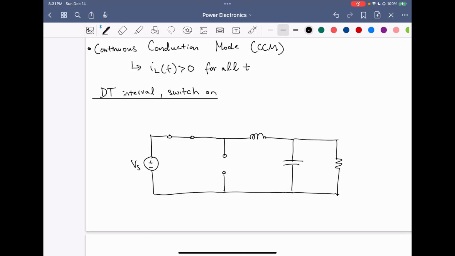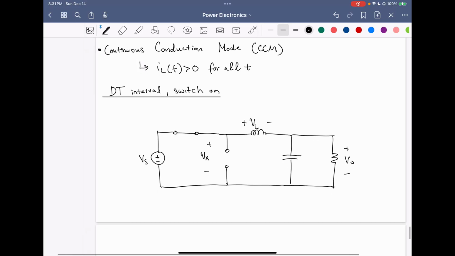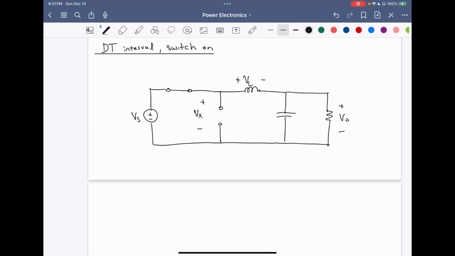So let's label this as VL, then this is Vx, and then this is V out. Now, in this analysis, we want to examine the inductor voltage. So during the DT interval, the inductor voltage, VL, is equal to the source voltage minus the output voltage, because this node is just Vs, and then this node is V out.